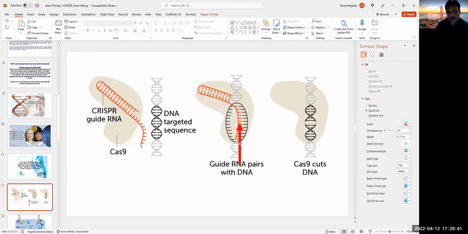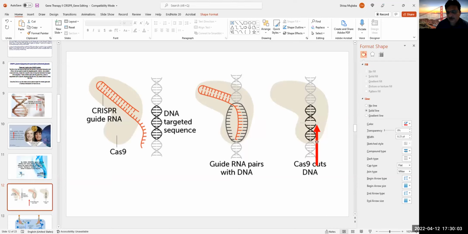So the orange color is the RNA and the dark gray color is DNA. When they come together, in the RNA-DNA heteroduplex, it creates a cut in the DNA, right? And this cut is in the DNA, not in the RNA.